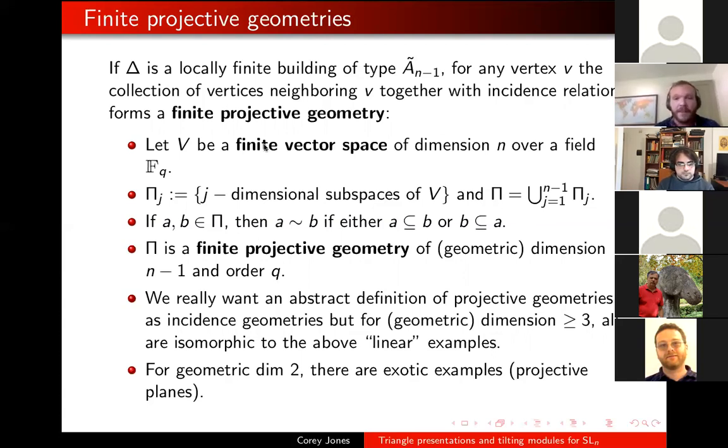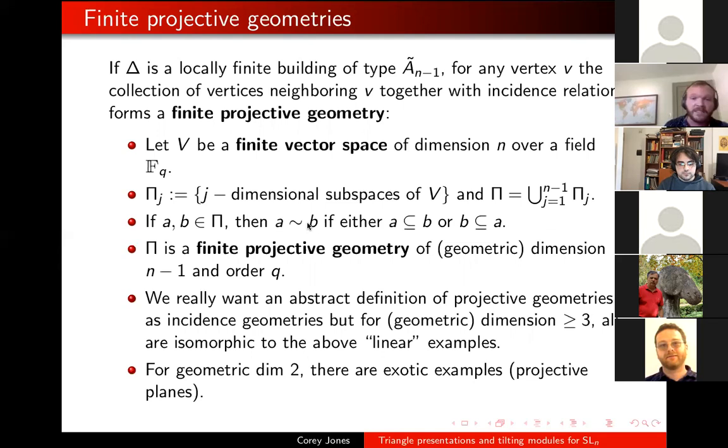almost universal example, in higher rank at least, of a concrete finite projective geometry. So let V be a finite vector space of dimension n over a finite field F_q. Set π_j to be the j-dimensional subspaces of V, and let π just be the union of j goes from 1 to n minus 1 of π_j. So π is just the set of all proper subspaces of this finite vector space. And then you can define an incidence relation on this set.